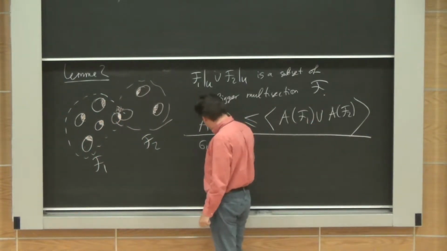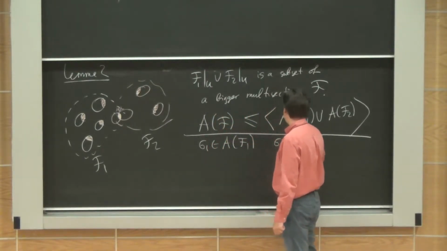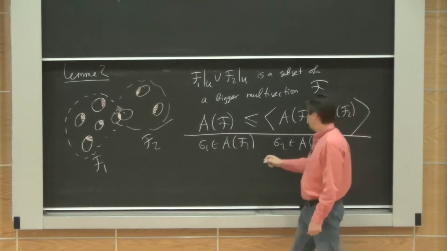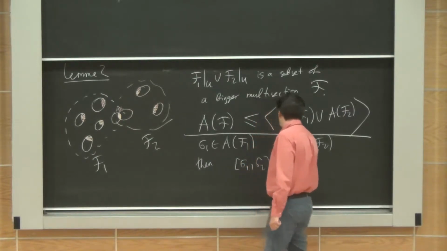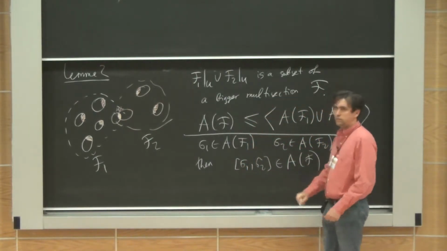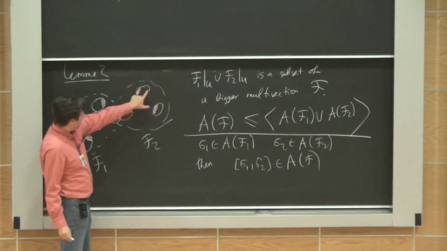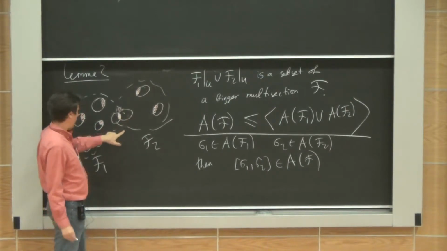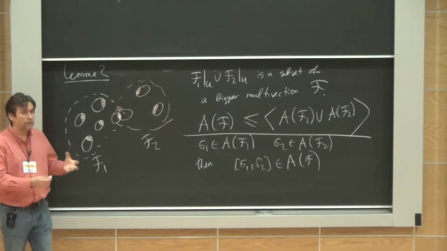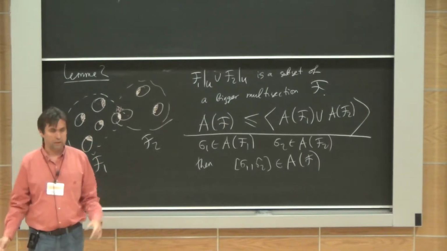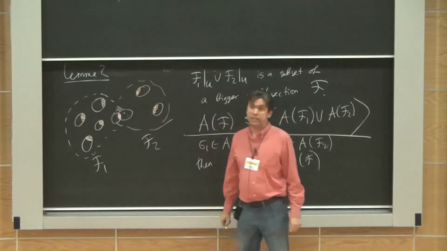If you take permutation sigma 1 in A F1 and sigma 2 in A F2, then the commutator of these permutations will belong to A F. Because sigma 1 will act trivially on these pieces, and sigma 2 will act trivially on these pieces. So when you take the commutator, the action on those pieces will disappear. So the only non-trivial action which will happen will be on these pink pieces.